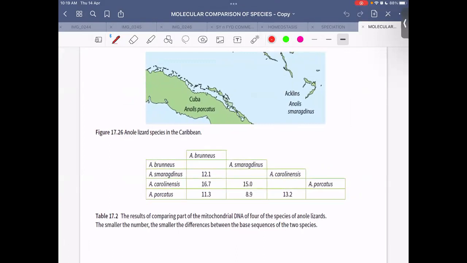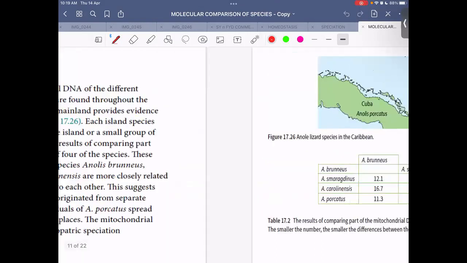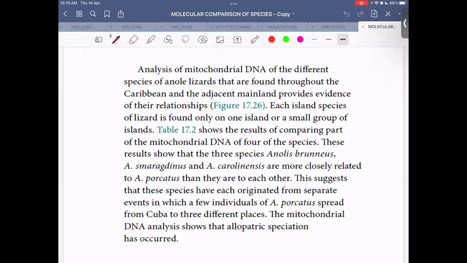This is the example given in the textbook, in which they have given some background information: analysis of mitochondrial DNA of the different species of anole lizards found throughout the Caribbean and the adjacent mainland provides evidence of their relationships. Each island species of lizard is found only on one island or a small group of islands. Then on the next page we have our table, but I'll show you the table afterwards.